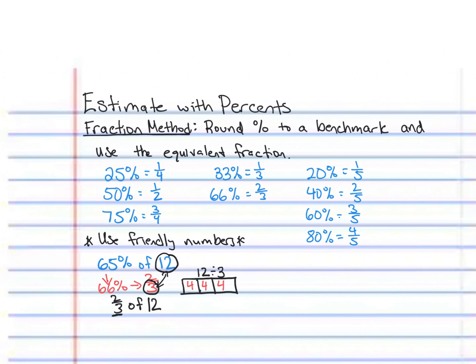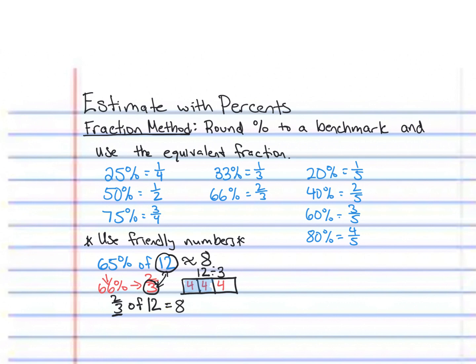But we want 2/3, so we need 2 of those parts. So in this case, those 2 parts make 8. So our estimate is 65% of 12 is about 8.